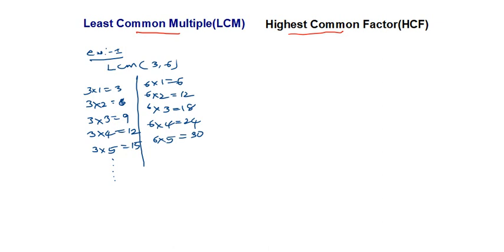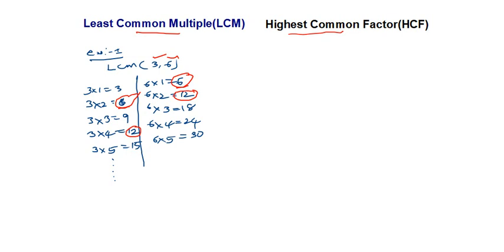Now I want to find the common numbers. That number should be common for 3 and 6, and it should be the least. Here 6 is common to these two numbers, 3 and 6. Is there any other common number? Here 12 is also a common number.